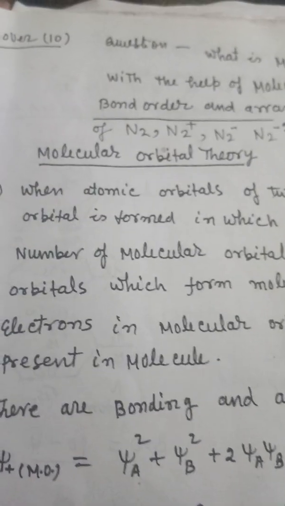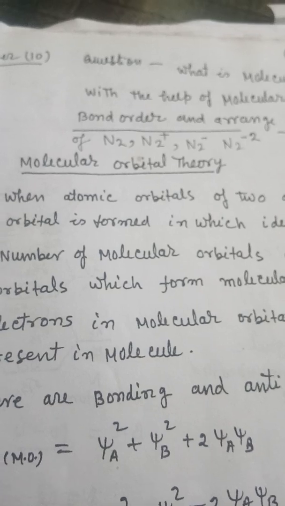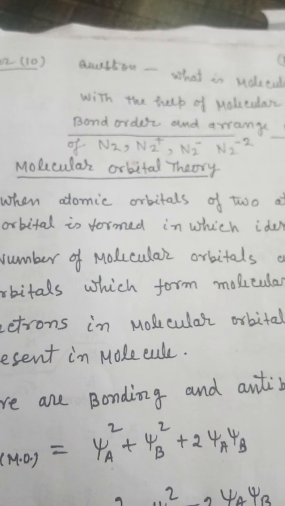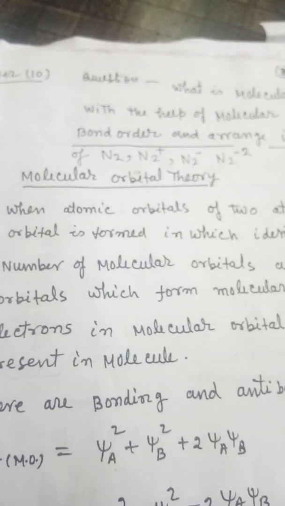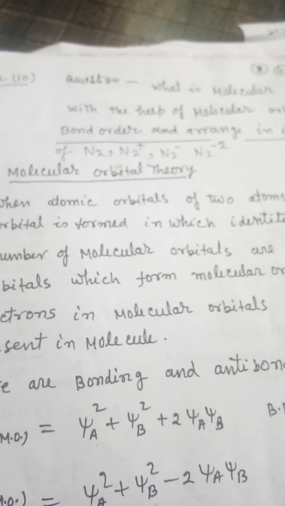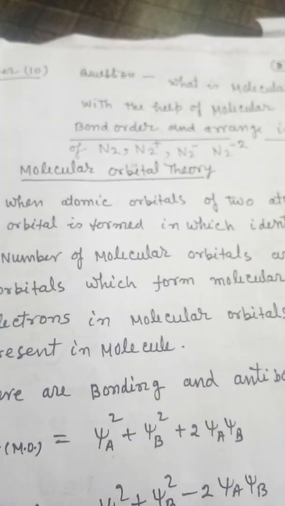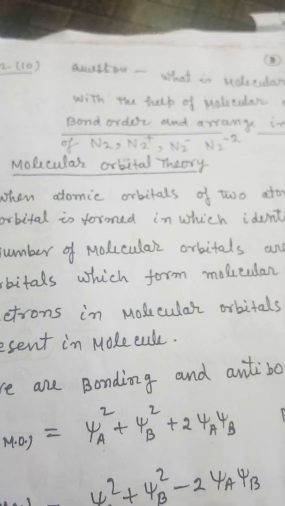Actually, before molecular orbital theory, we knew about the valence bond theory, but the valence bond theory could not explain many molecular behaviors, like why oxygen is paramagnetic.